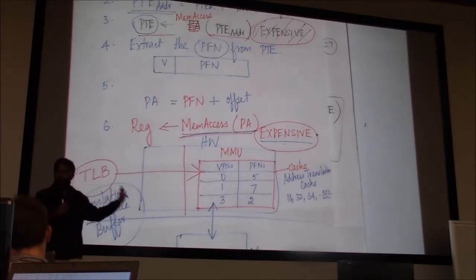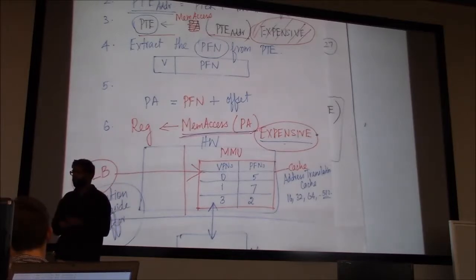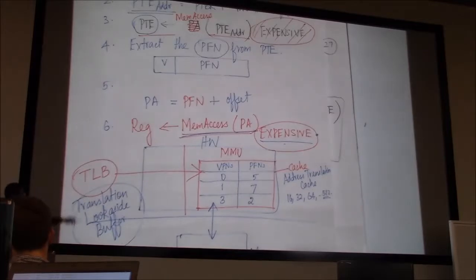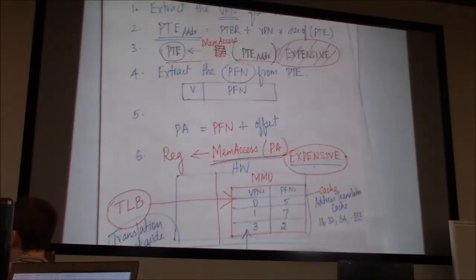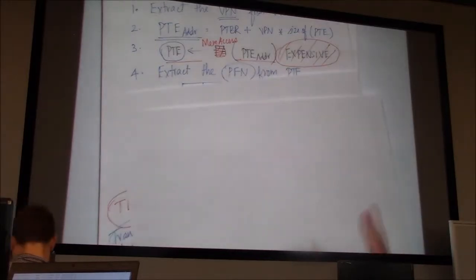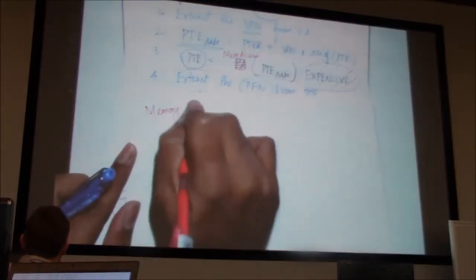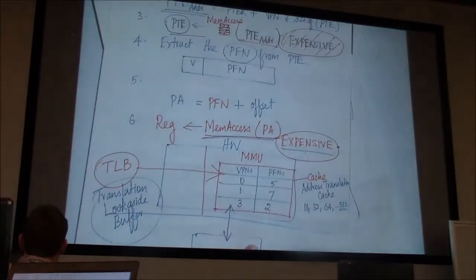It can only store address translation, so basically only page table entries. Make sense? With this setup, let's see how the address translation changes. Any questions about this before we proceed?